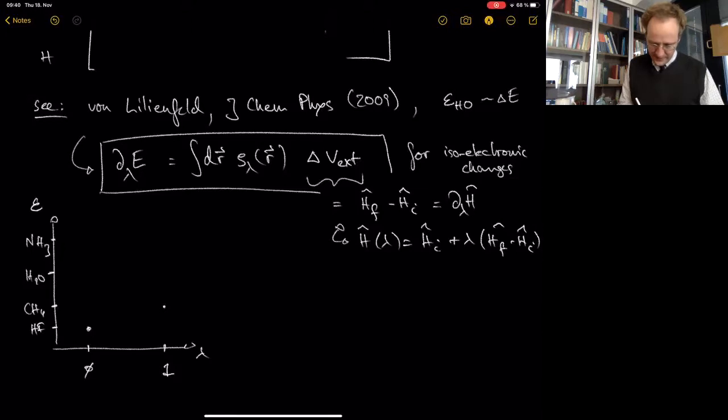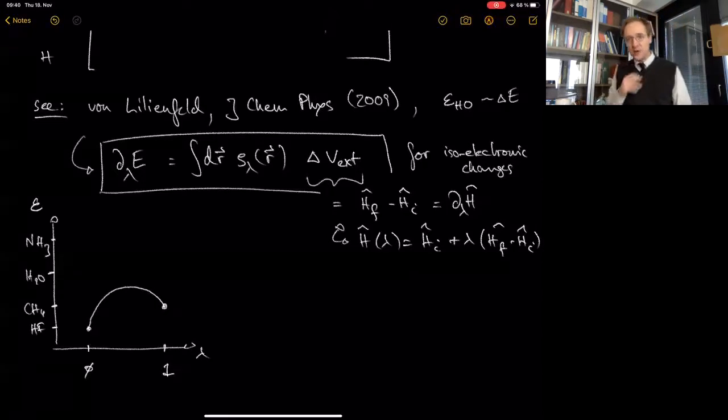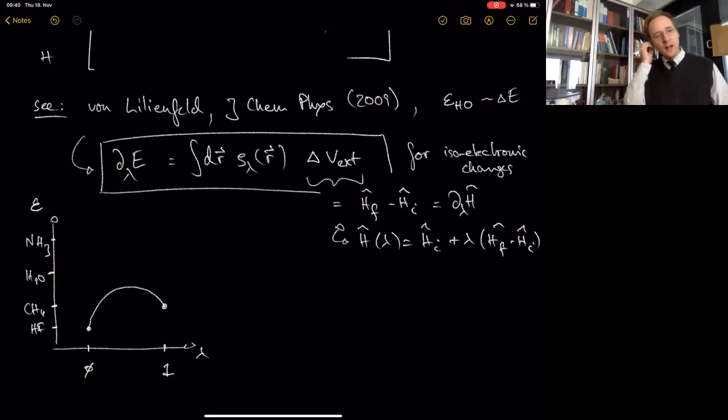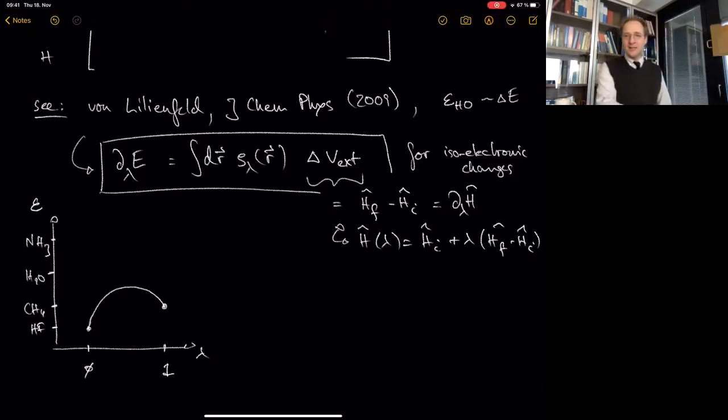And for HF to CH4, you see something like this. The HOMO eigenvalue. So it immediately becomes obvious, right? The first order derivative should not necessarily be the same here. There's no reason for you to assume that. You also see something which is a bit disappointing.